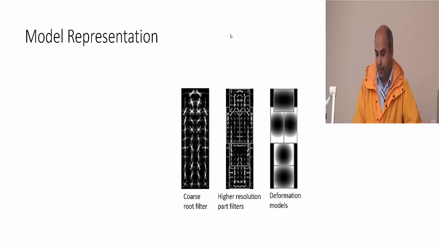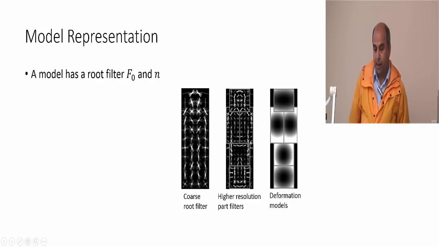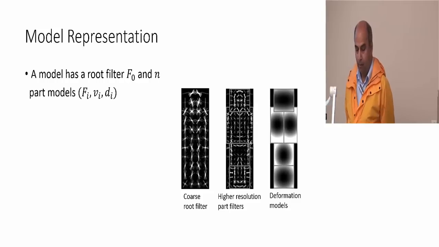So then what we are going to do is have the coarse root filter, which is the standard HOG, latent tricks, but we will have high resolution filters for the parts, which are shown here, and deformable models. So the model is a root filter F0 and N part models.